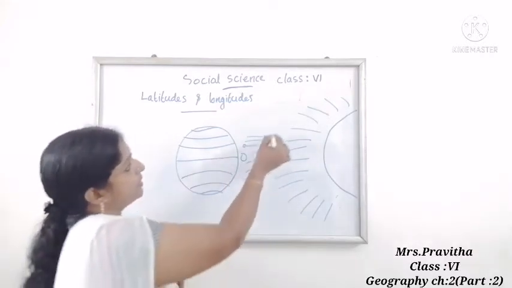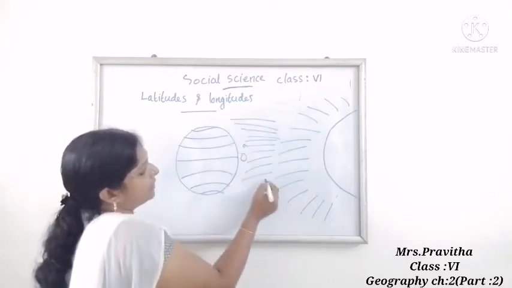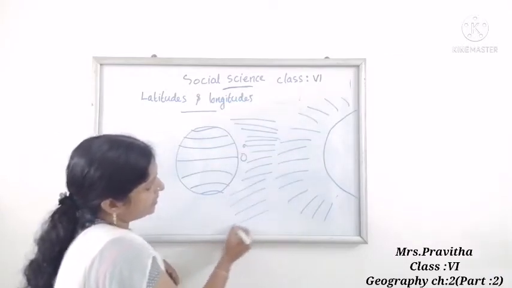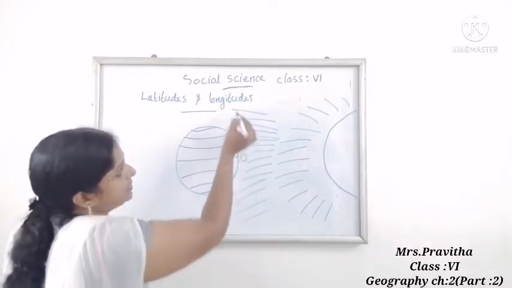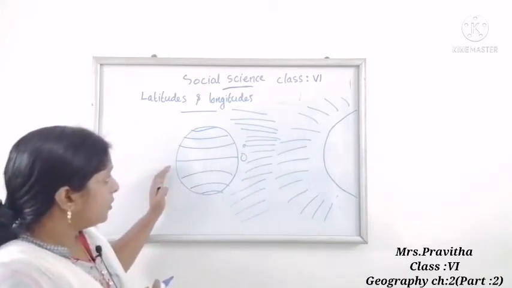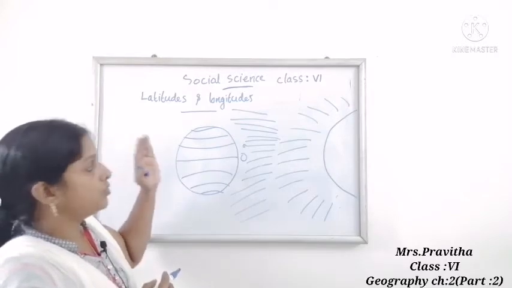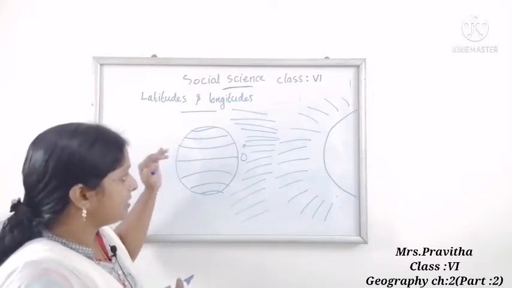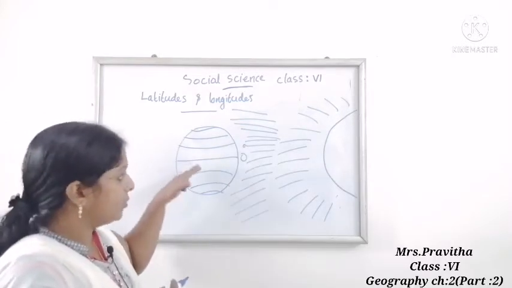So what about the other latitudes? Other latitudes are getting slanting sunrays. So we can conclude that moving from the equator to the higher latitudes, the sunlight is getting less compared with the equator.